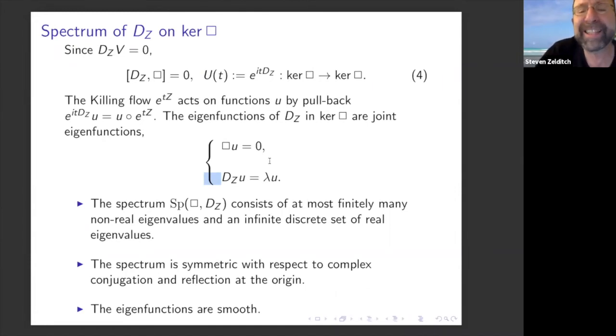So if we look at this pair of equations, it's like making up for the fact that d by dt has the wrong sign, and it makes this system elliptic. As a result of which, the spectrum of Z in the kernel of box is basically a discrete spectrum of real numbers with no accumulation points. It's a discrete spectrum.